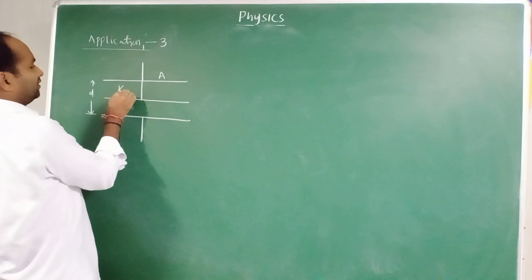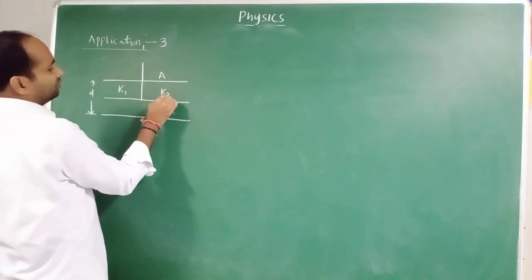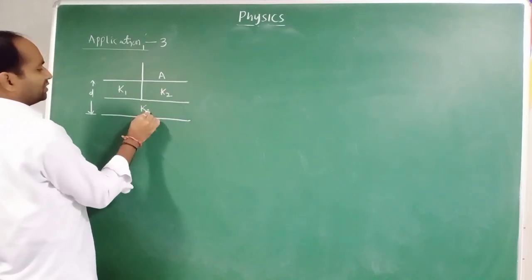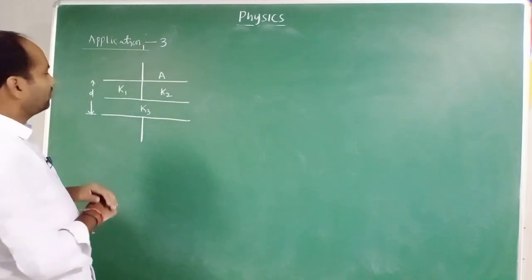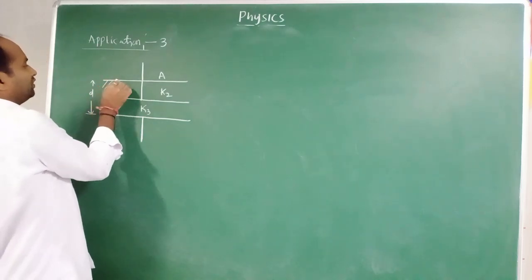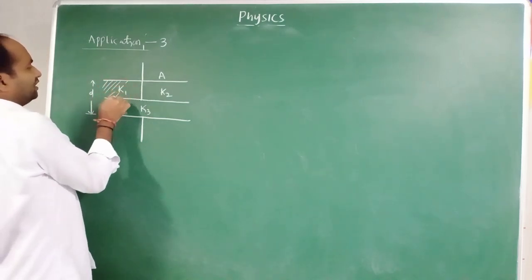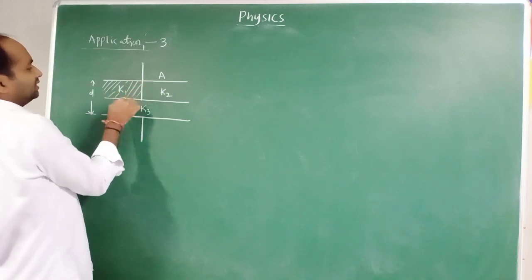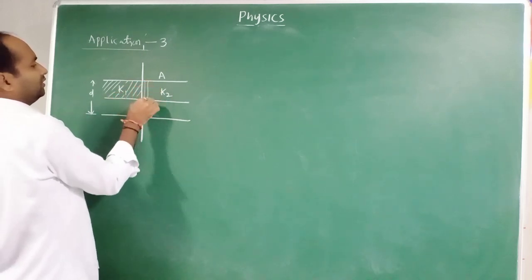This is K1, here it is K2, and the third one is K3. The space between the plates is filled with three dielectrics as shown in the figure.